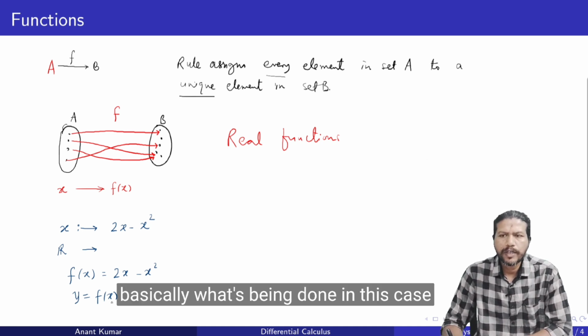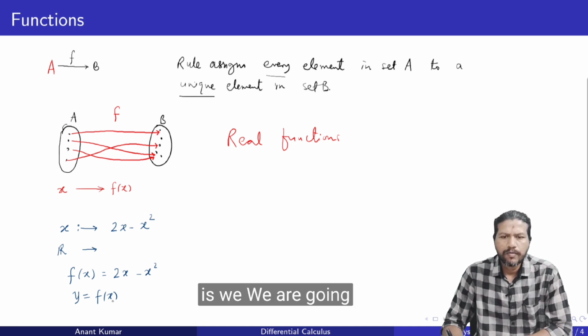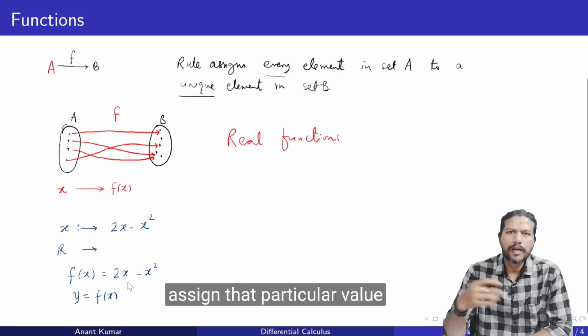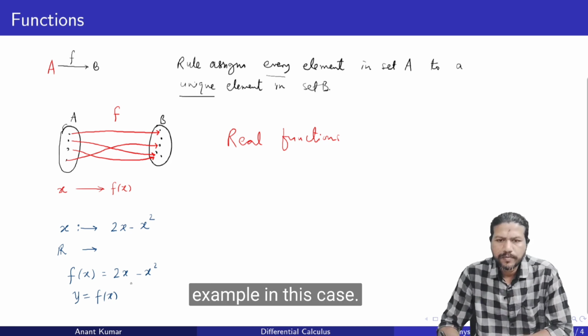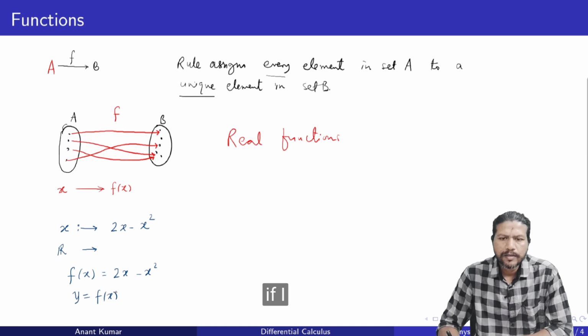So basically what's being done in this case is we are going to find the value of this function at every x and assign that particular value to the y coordinate. For example, in this case, if I plug x equal to 0, then I get f(x) to be 0 as well.